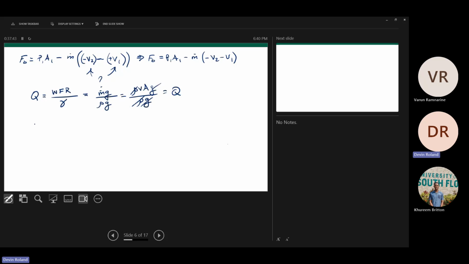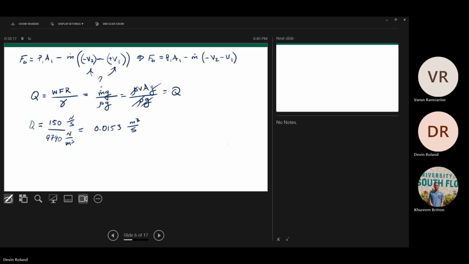Okay, so then if we say Q1, or Q will be consistent, it doesn't matter, Q1 is equal to Q2. So Q is going to be 150 newtons per second divided by 9,790 newtons per meter cubed, and that's going to be 0.0153 meters cubed per second.